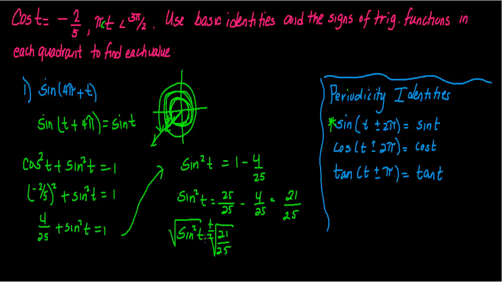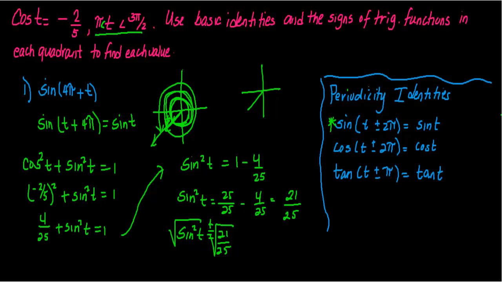Now I have to decide if I'm going to choose the positive or the negative, and what helps us decide is this information that they give us on where t is located. And we had said in the beginning that t was located in the third quadrant, and in the third quadrant sine would have to be negative.